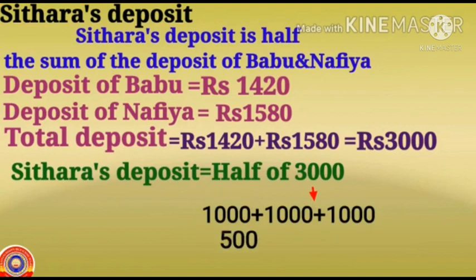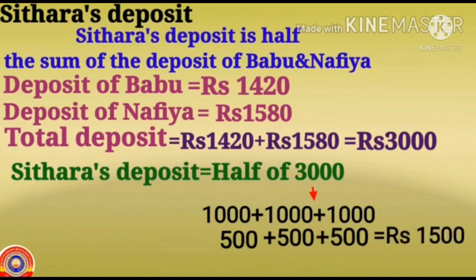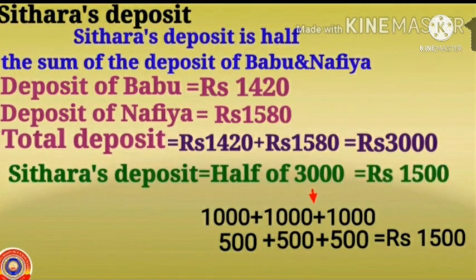So, 500 plus 500 plus 500 equals 1500. So, Sitara's deposit equals 1500 rupees.